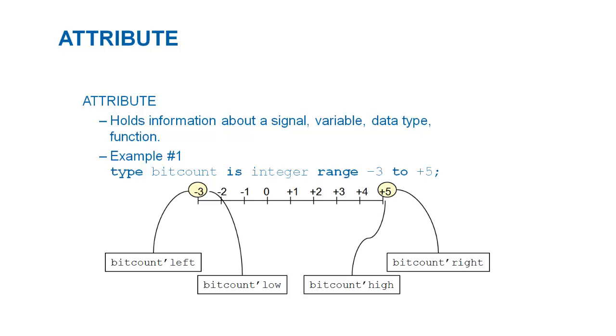And there are 2 things that we can note here, that the range and the direction are 2 different things. So the range is from -3 to 5. Which means that the lowest number that can be in this bit count, which is an integer, is -3, and the highest possible value bit count can have is +5.